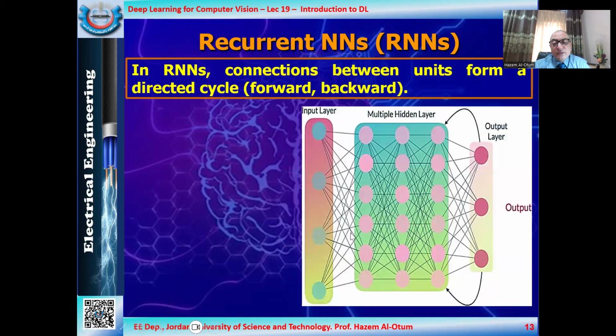So this is a simple neural network system. Here we have the input layers. Now we apply it to the hidden layers.